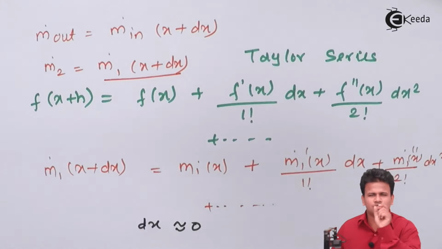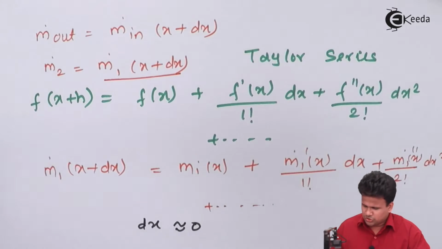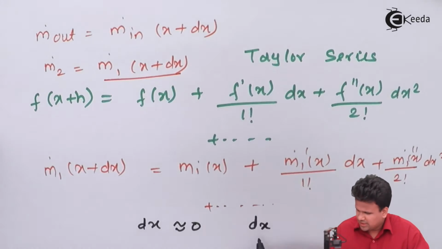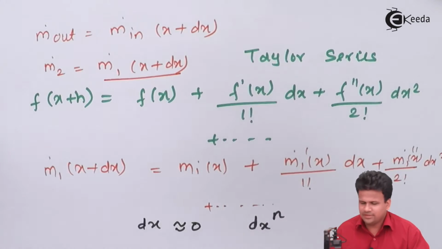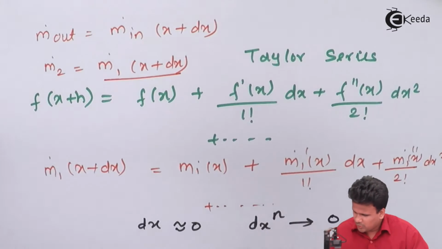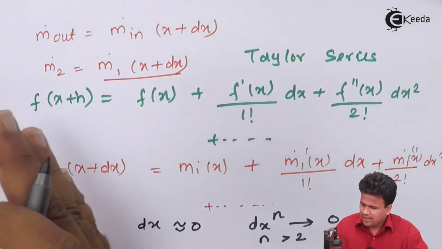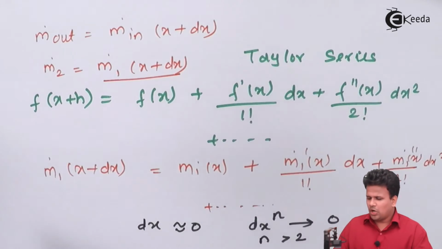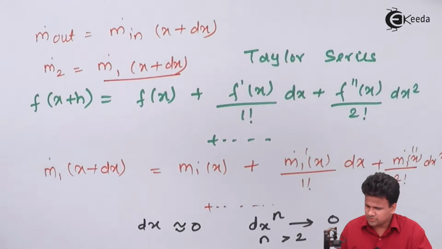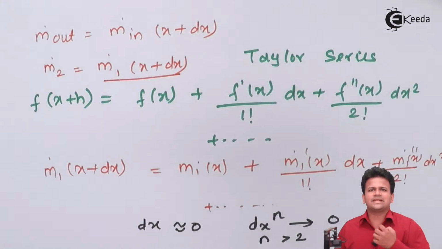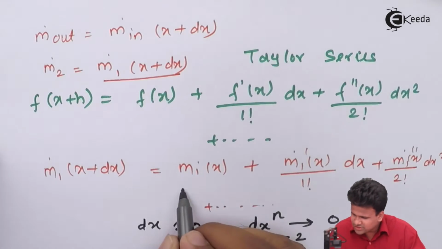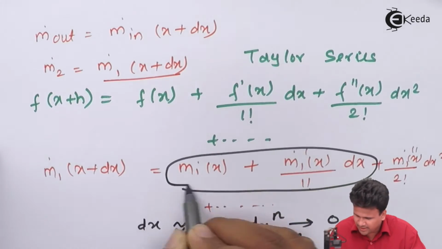It is a very short amount of strip. So the higher values of dx raised to n will tend to 0 when n is greater than 2. So from 2 onwards till infinity, all the values of this will be equal to 0 because it is negligible in comparison. So now what we have to focus on is this entire part.